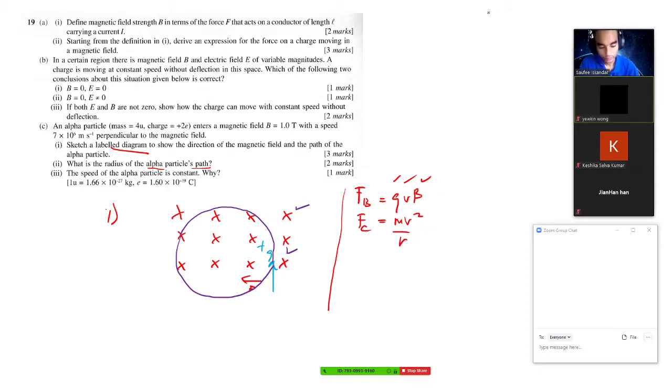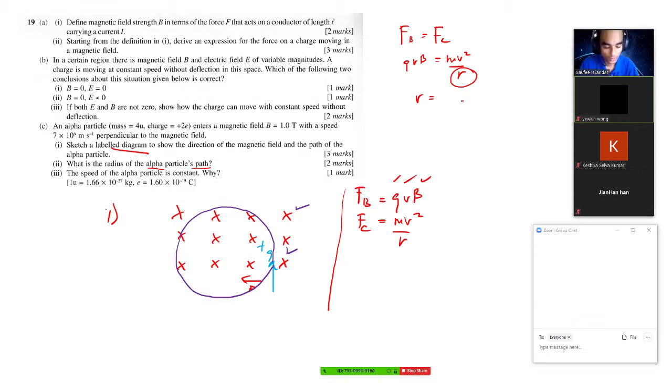Both are equal, so Fb equals Fc, so qvB equals mv squared over r. We can get the radius from r here.